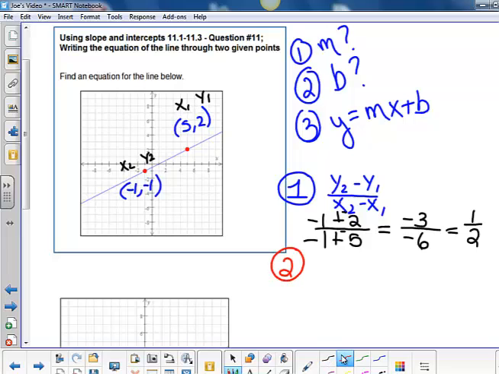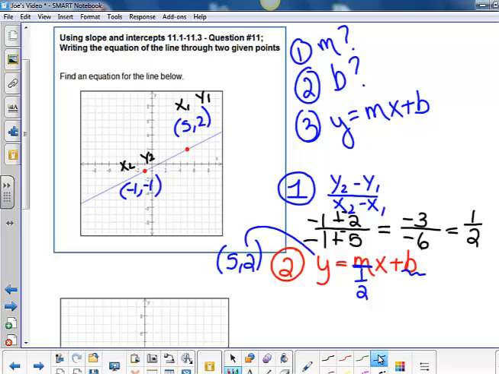Now let's figure out what b is. I'm going to use the equation y equals mx plus b and solve for b. I know the slope is 1/2. I don't know what x and y are, but I can use either point. So I'm going to use the point 5, 2 and substitute those values in for x and y.